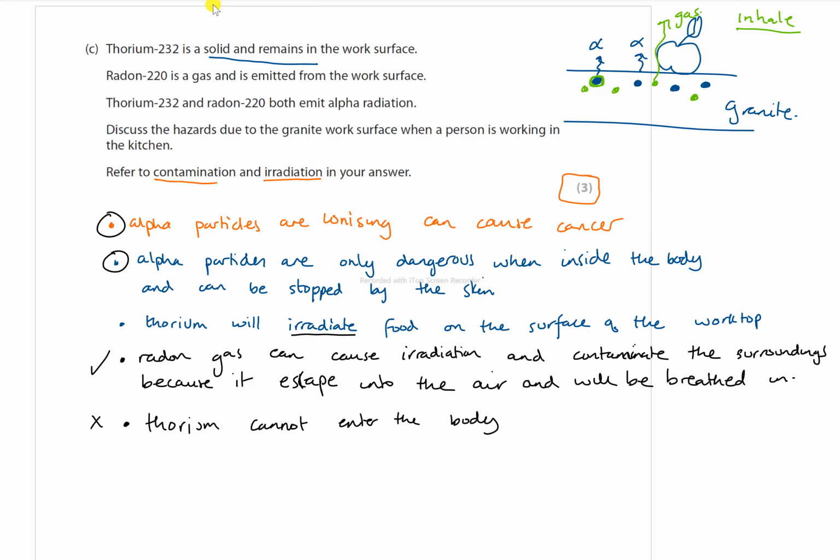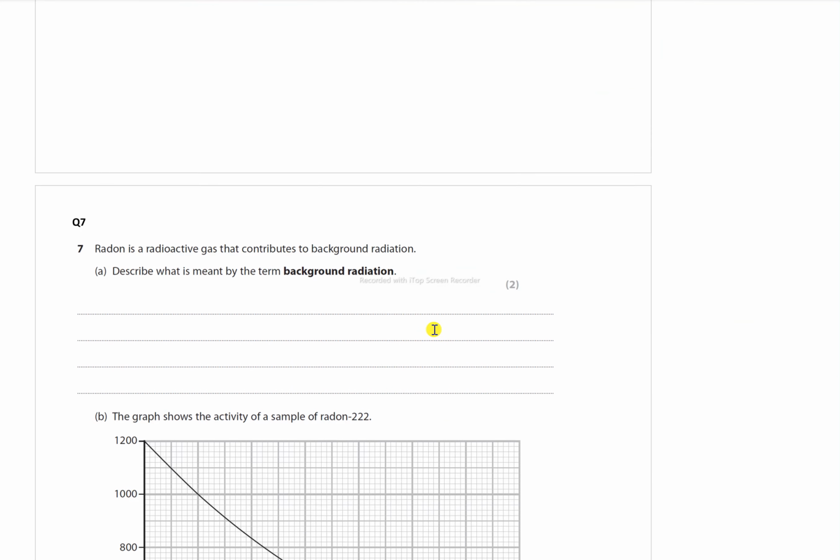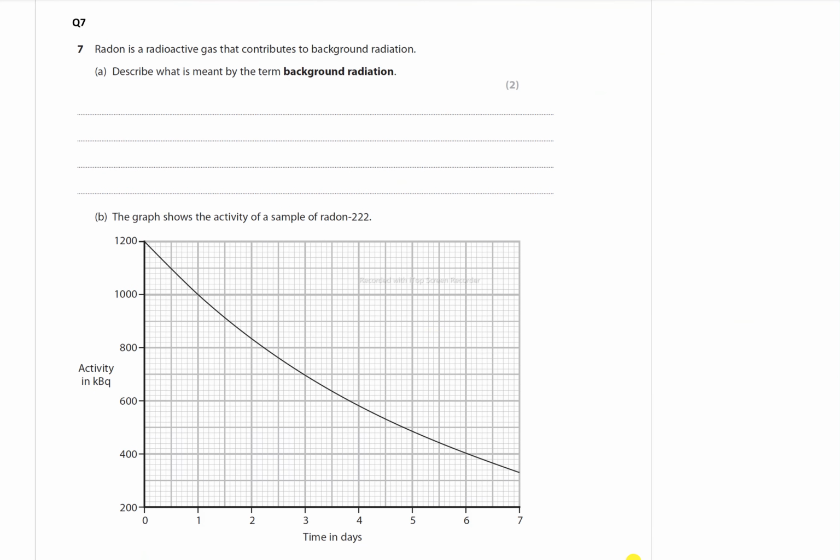Right, radon gas is airborne and can enter the body because it can escape into the air and be breathed into the lungs. Thorium cannot do that. So it stays on the surface of the worktop. Right, okay, what else is there? Right, we'll call it quits there because that's a long one.